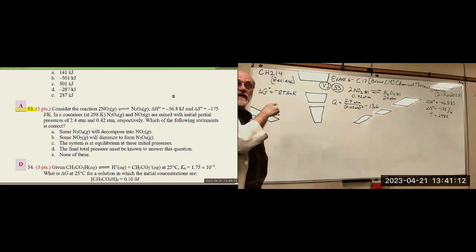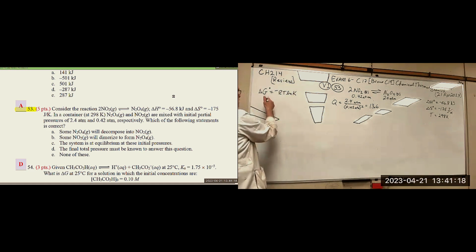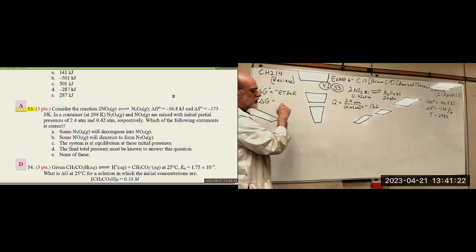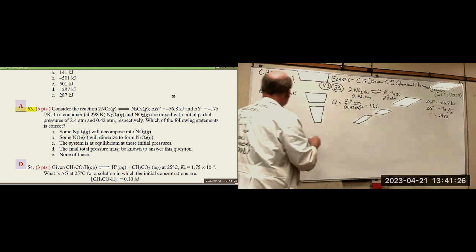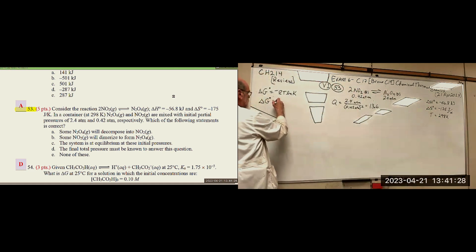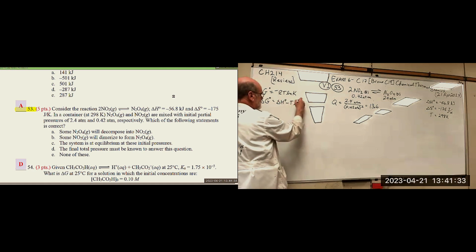That'll tell us which direction the reaction is going to move. But we don't have delta G. So here's another way to find delta G, because we have these values right here. Delta G equals delta H minus T delta S.